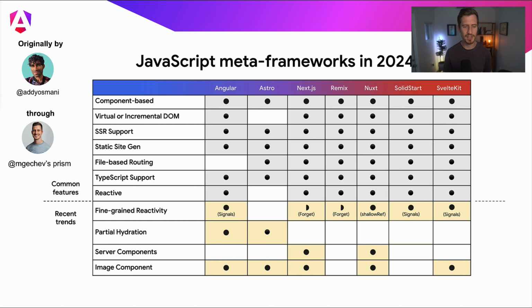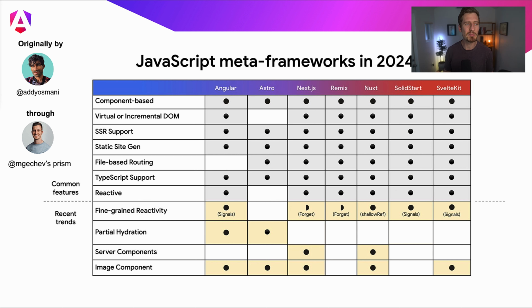Now I updated this chart a little bit to reflect my own views, but you can see that we have all of the frameworks being component-based. We have very similar server-side rendering support. We have pretty much a shared reactivity story across most frameworks.